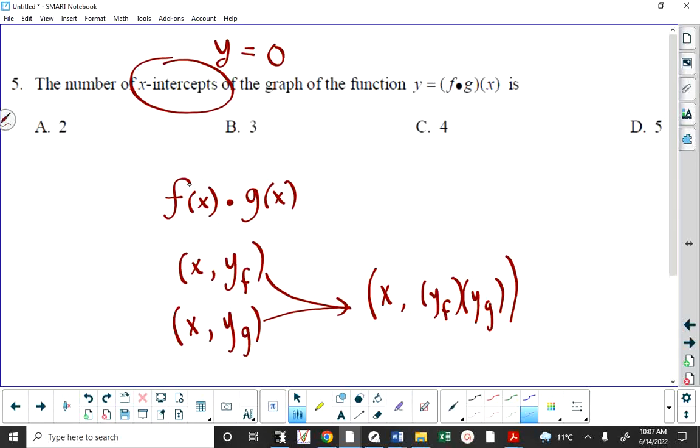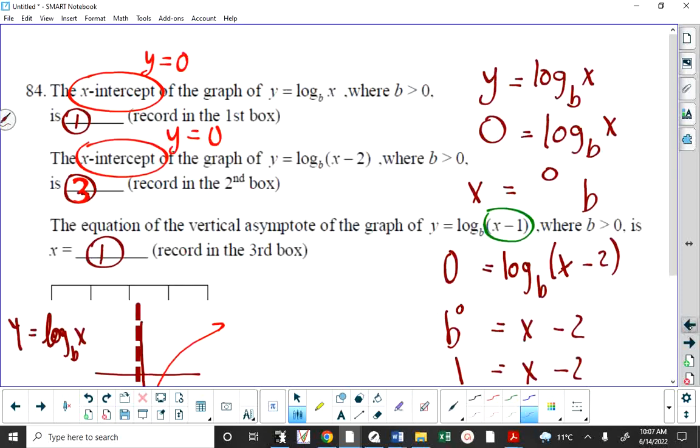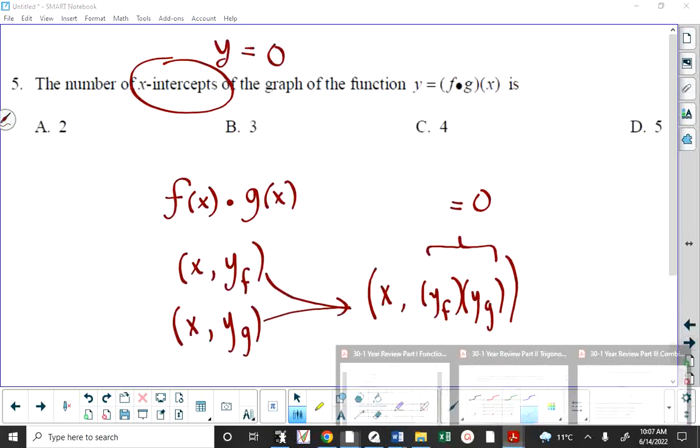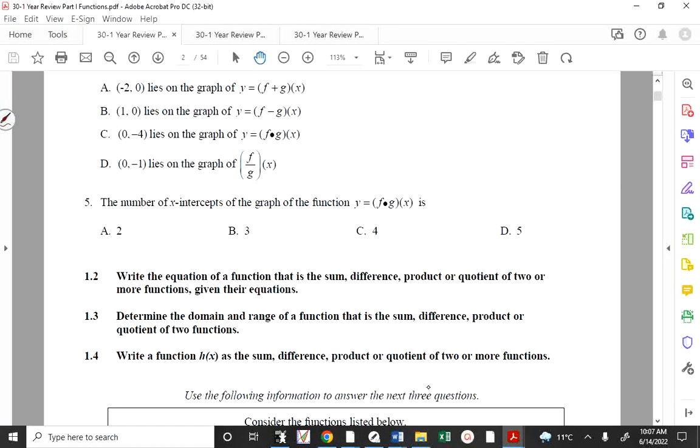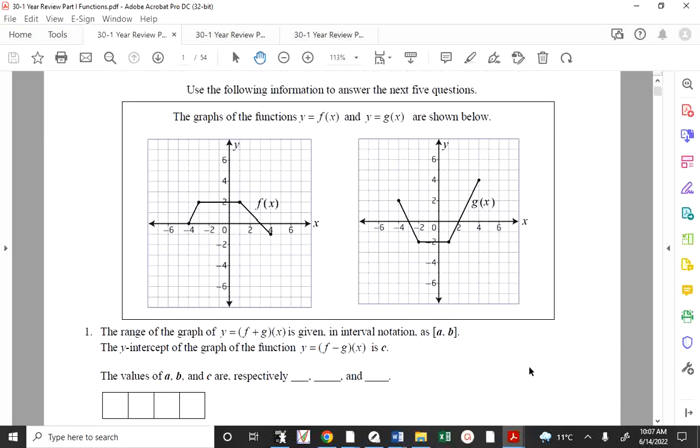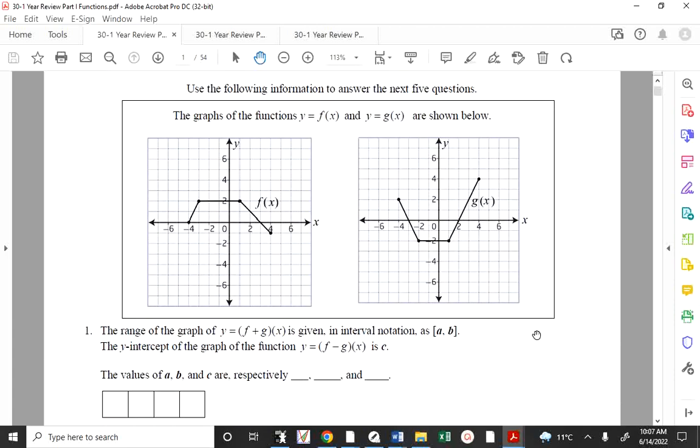And the only way that this can equal 0 is if the y coordinate on f is equal to 0 or the y coordinate on g is equal to 0. And there was a good question on your unit exam dealing with this that I'll put up in a second. So there's this place right here on f where y is equal to 0.